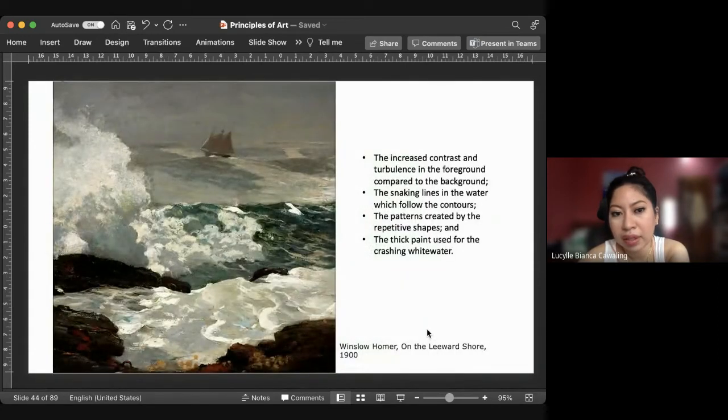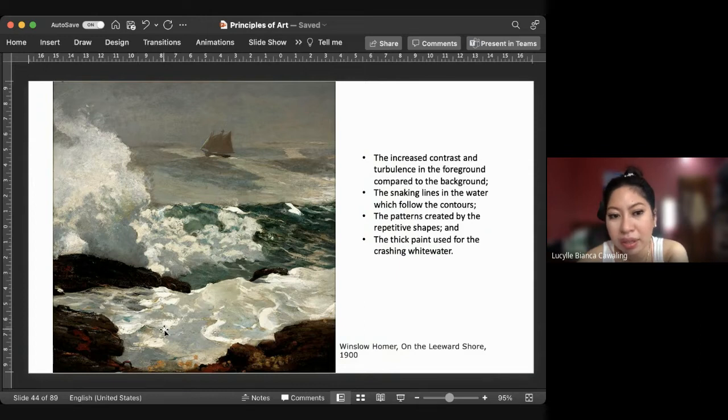And then this one naman by Winslow Homer, titled On the Leeward Shore in 1900. You can see how there is movement here because of the increased contrast and the turbulence in the foreground compared to the background. You can see the contrast here. This is very peaceful while this one is not.